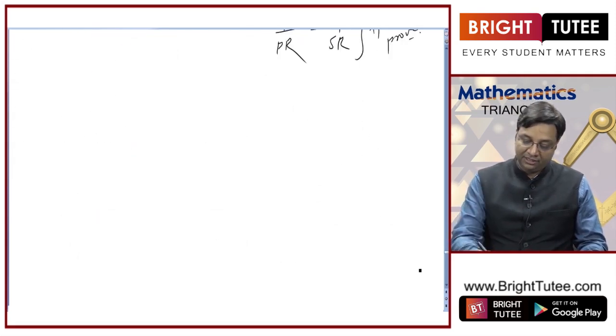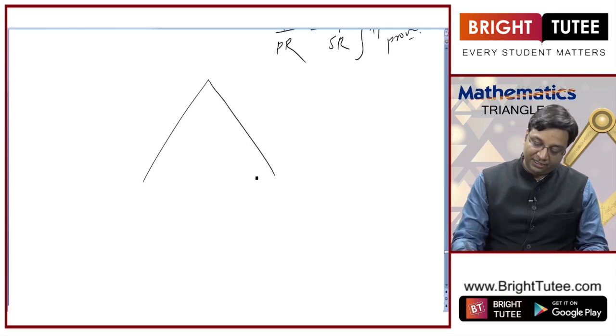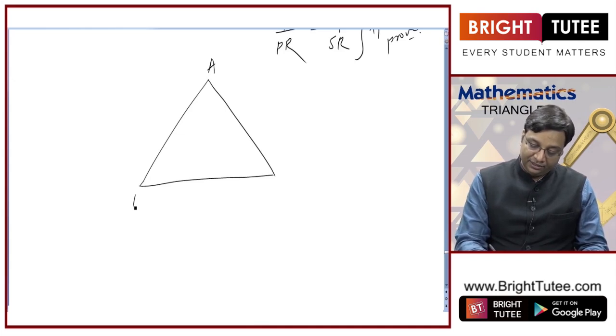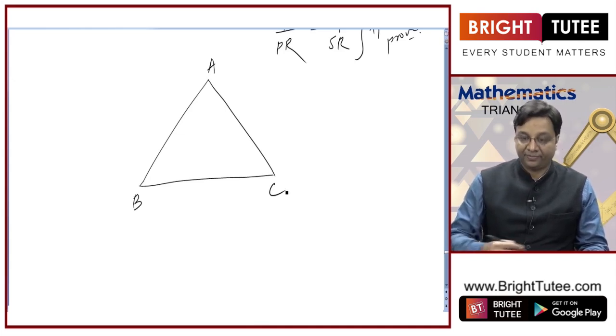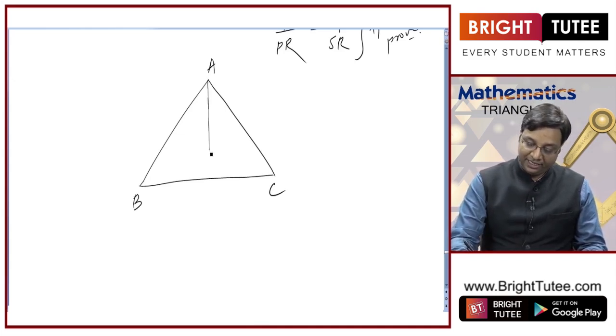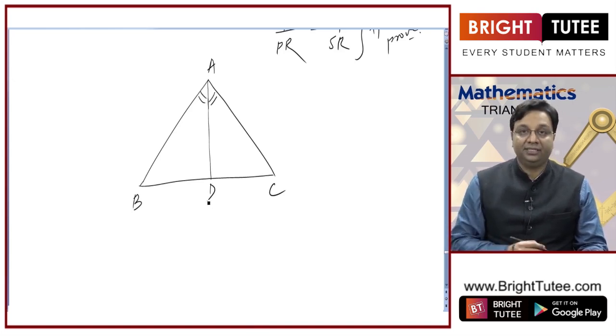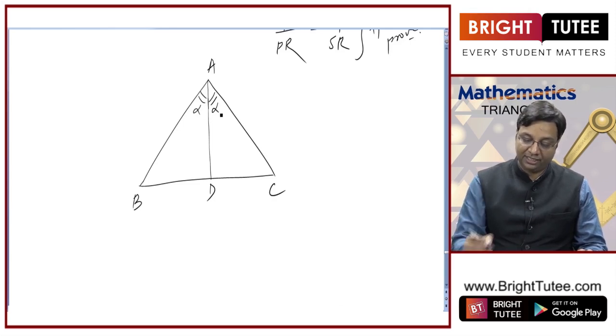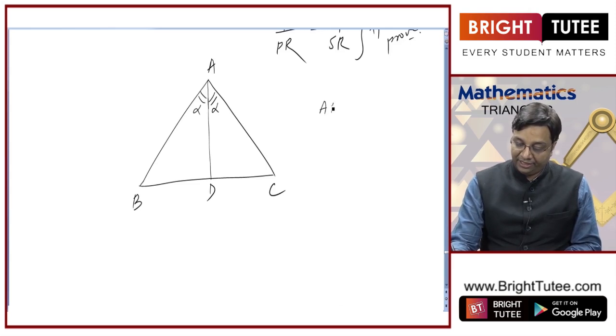Now what is the result? Let us say there is any triangle, let us change the name to triangle ABC. If I take an angular bisector of angle A, let us say AD is the angular bisector, and let these angles be alpha and alpha. So what can I say about the ratio AB upon AC?